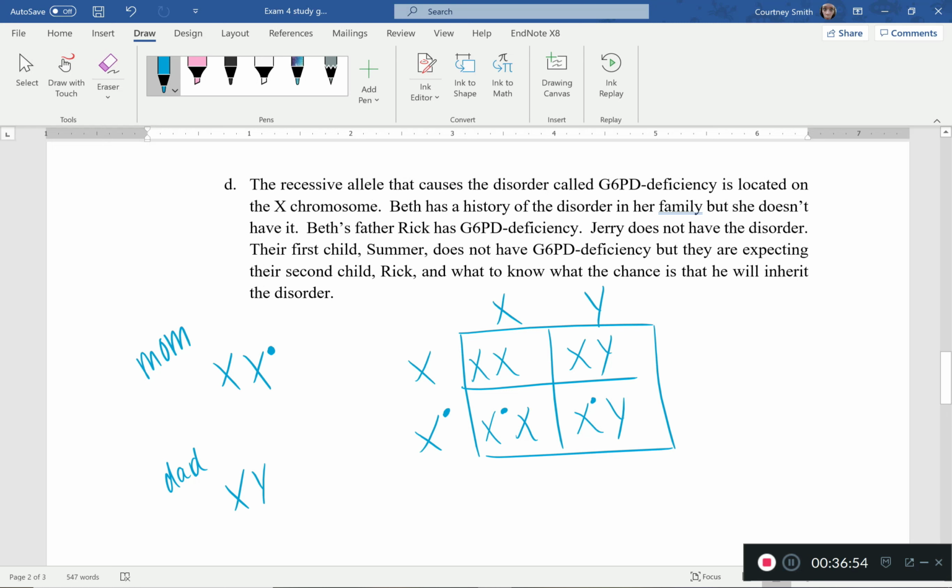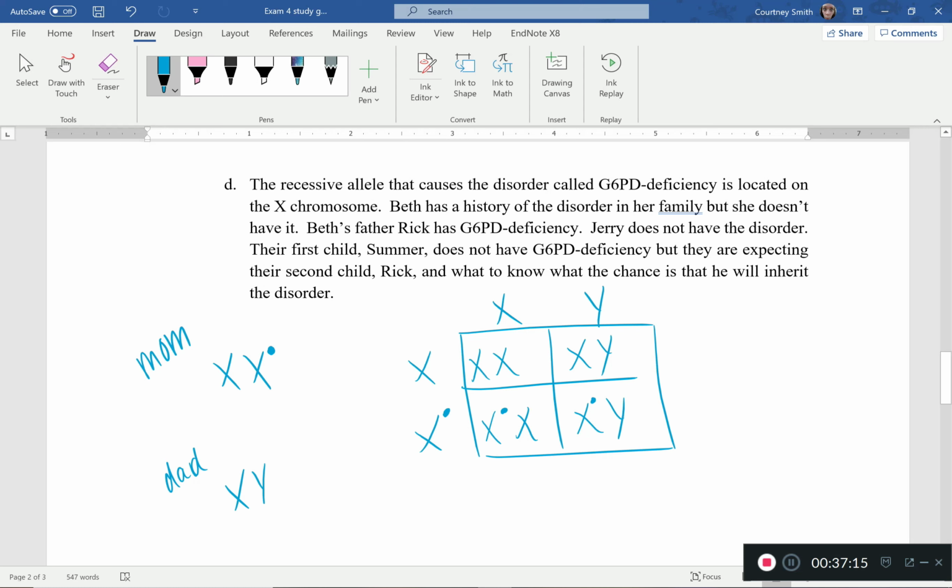So that's another reason why it's more common in males than in females. That's the big picture as to why sex-linked disorders are more common in males than females.